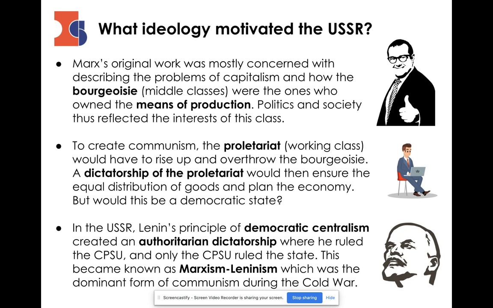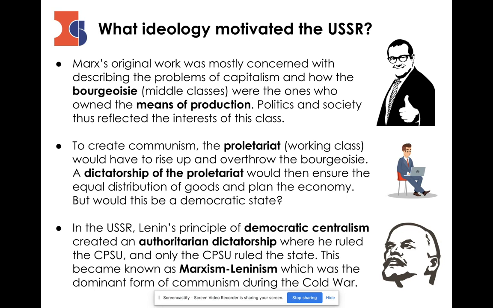There's a bit more detail to explore there. Marx's original work was concerned mostly with describing the problems of capitalism. And Marx argued it was the middle classes who owned all the wealth. Therefore, if you looked at politics, if you looked at culture and society, it reflected the interests of the people who owned all the wealth, and that was the middle classes.